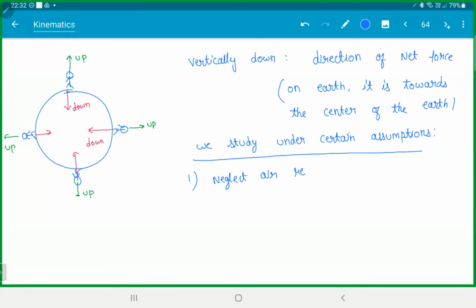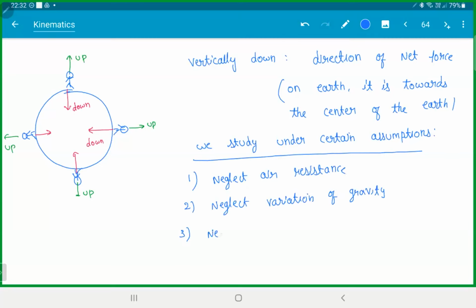We have a separate chapter called viscosity, where we will study how air resistance affects motion. Second, we neglect the variation of gravity. If you go to very high heights, the gravity actually starts changing. So we are assuming you're not throwing particles that high. 1, 3, 4, 5 kilometers, 10 kilometers is fine. Anything more, like 50, 60 kilometers, it starts actually affecting.